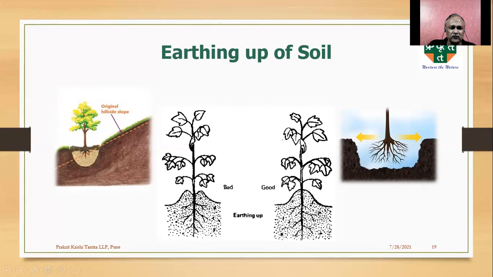Whereas the roots absorbing water and nutrients are the root tips, not the main root. So if you do the earthing up, then the water will percolate from this side, and it will go directly where the new roots are, the white, fresh roots.